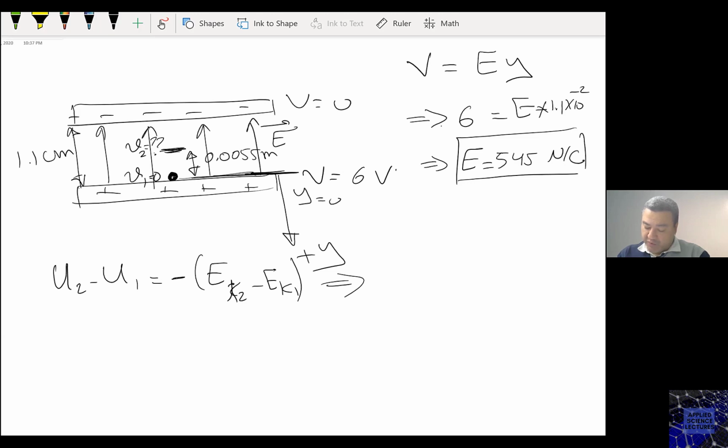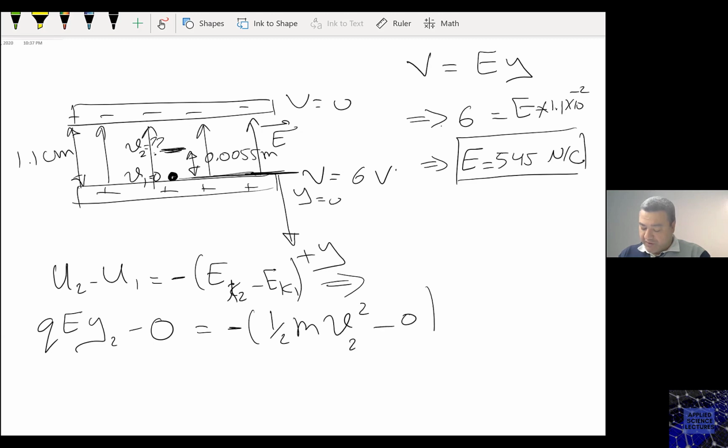That's a proton going in the negative direction, so this one becomes QEY2. U1 here is 0 equals minus, also EK1 is 0, half mV2 squared minus 0.